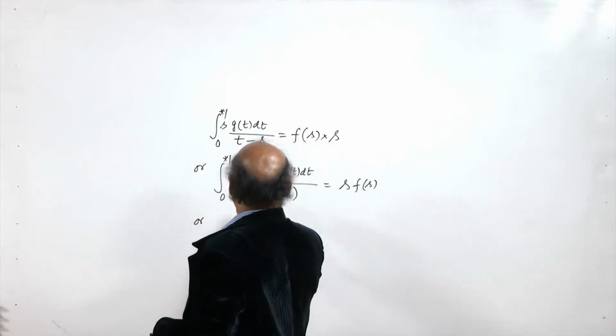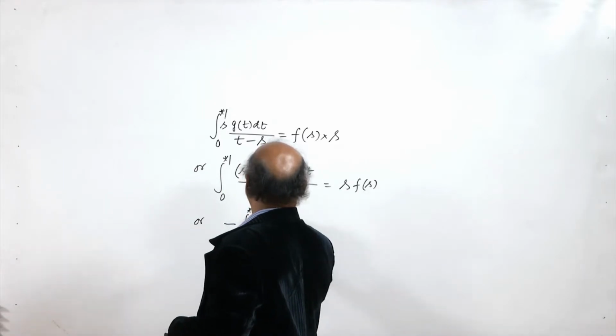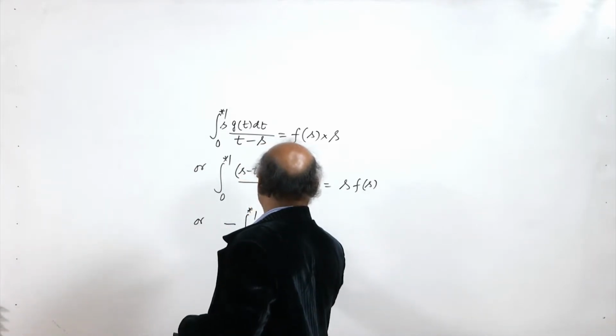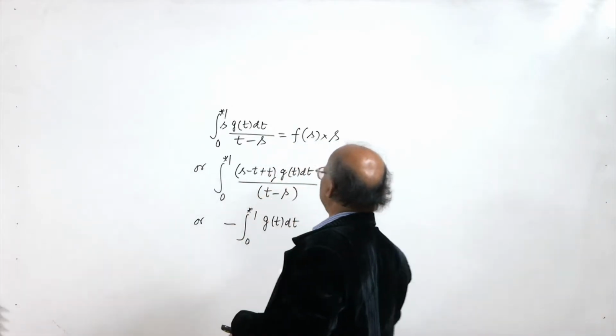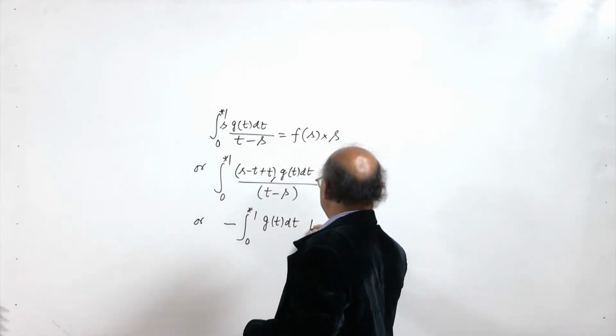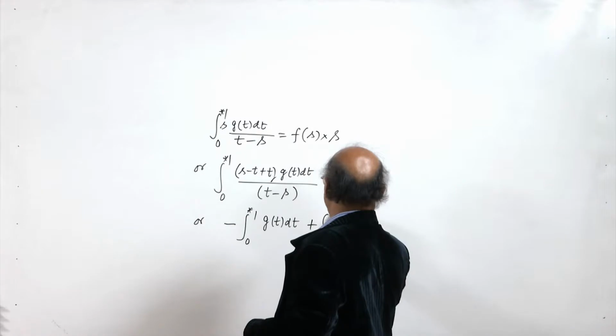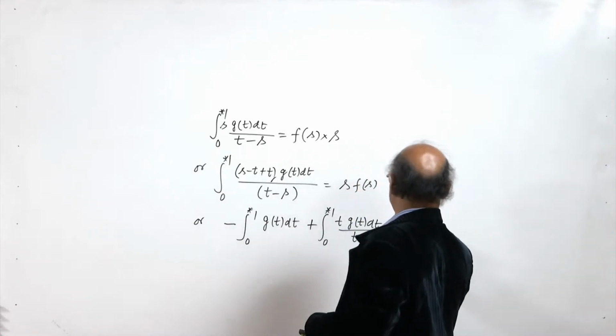Or I can say this is minus integral 0 to 1 g(t) dt, since s minus t will cancel with t minus s and we will have a minus 1 here, plus integral 0 to 1 t g(t) dt divided by t minus s, which is equal to s f(s).